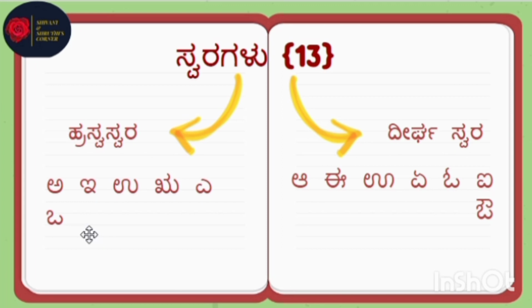Dirgha Swaras are Aa, Ee, Oo, Ae, Ai, Oo, Au. So they take long time. So suppose Hrasva Swara takes 1 second, Dirgha Swara takes double the time, 2 seconds. So they take a long time to be pronounced. So that is the only difference, and swaras are categorized based on these two types, Hrasva and Dirgha.